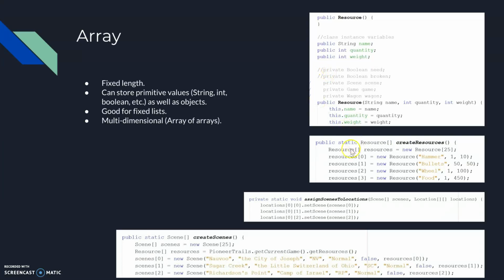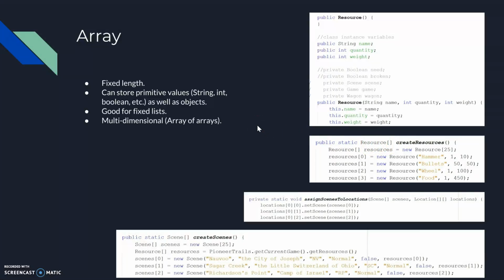You can see right here, my resource array, I have to create a new instance of it, and we've set it to 25. In the beginning you have to set the length, and it's not going to change.